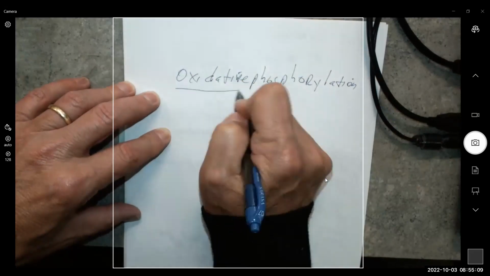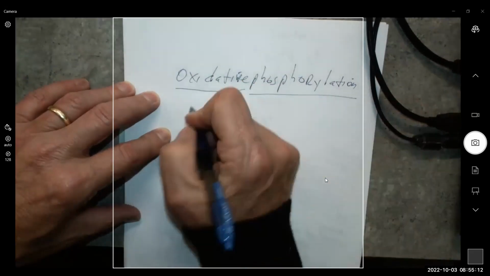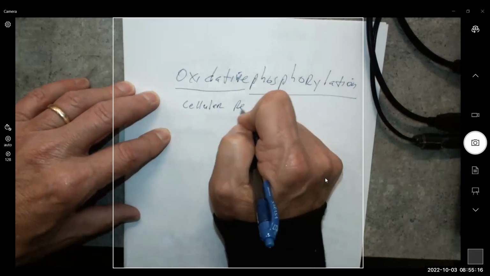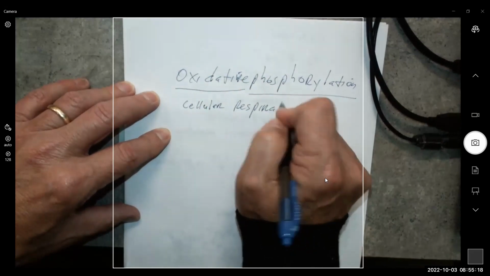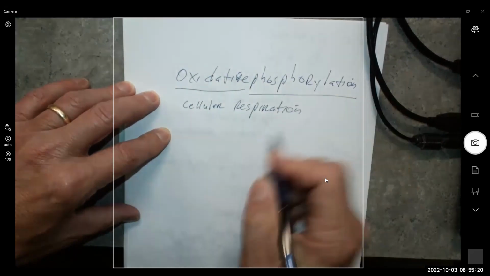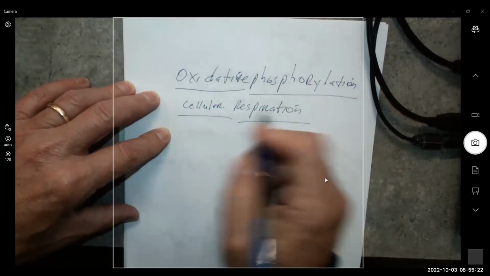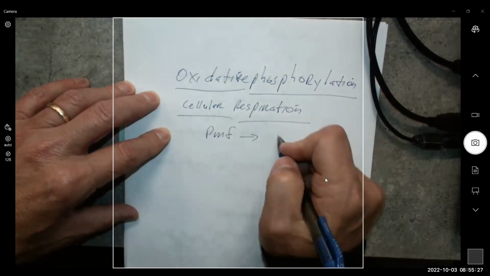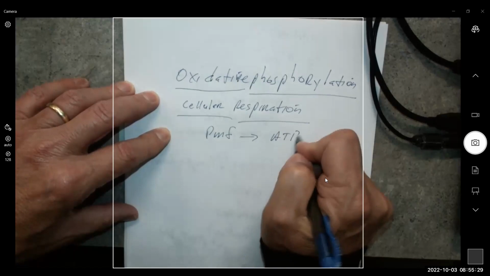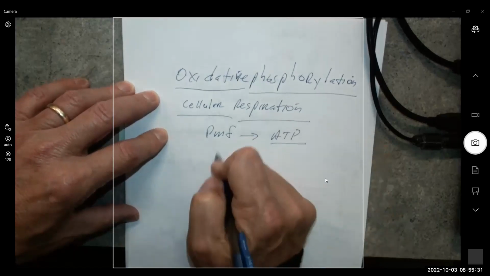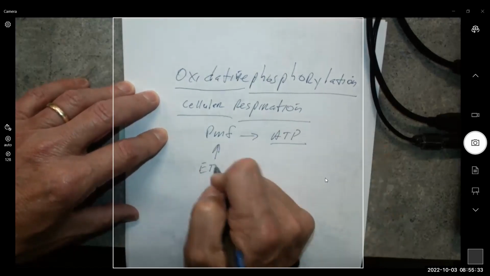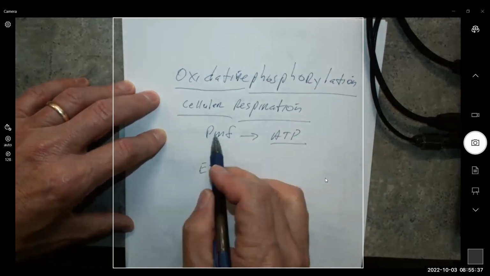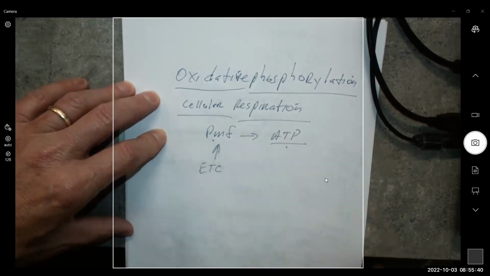Oxidative phosphorylation, otherwise known as cellular respiration. You use a proton motive force to generate ATP. That proton motive force is generated by an electron transport chain.